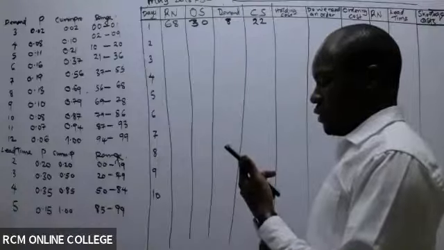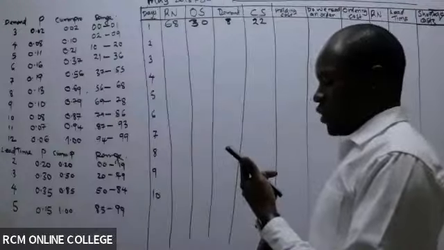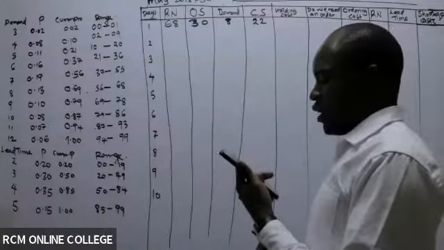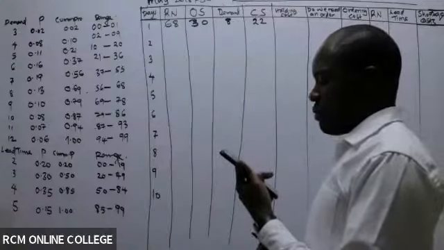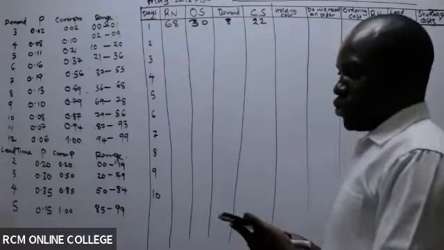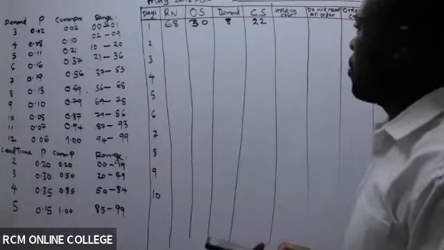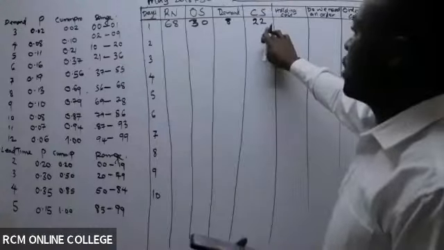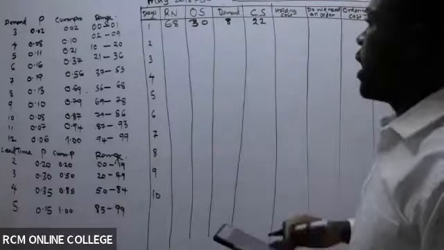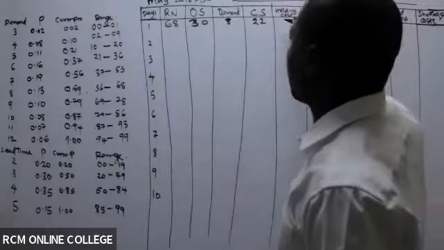Additional information number 2: the holding cost per unit per day is estimated at 2 shillings, while the unit shortage cost is 20 per unit per day. It is 2 shillings, right? 30 minus 8 should be 22, right? Good. Now, our holding cost is 2 shillings per unit, and we have 22 units, so it will be 44 shillings.